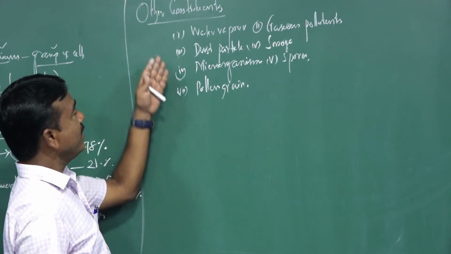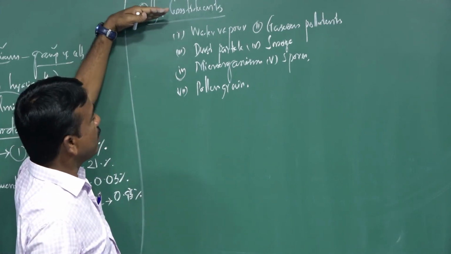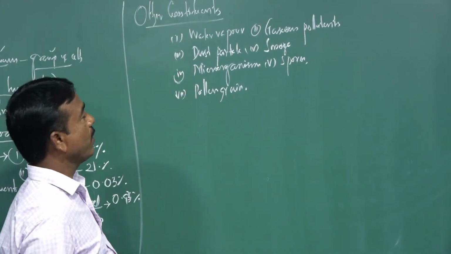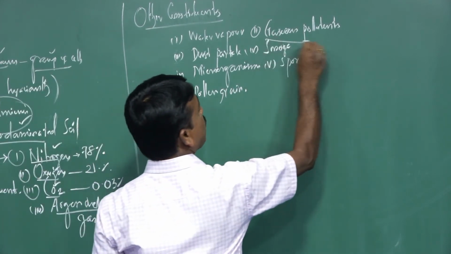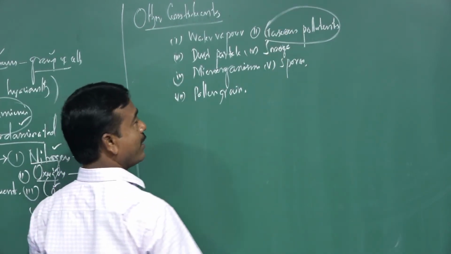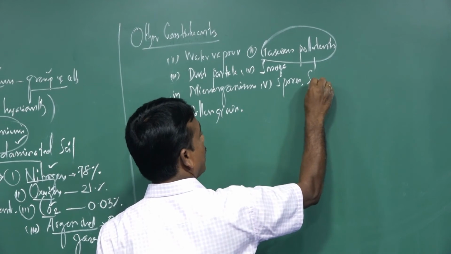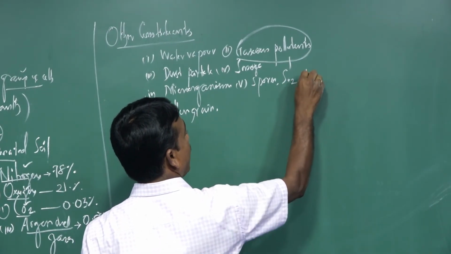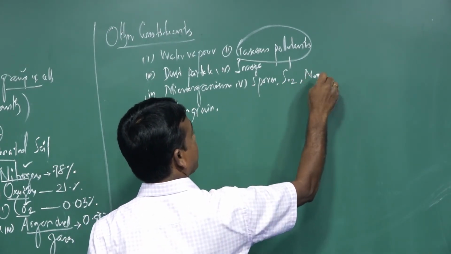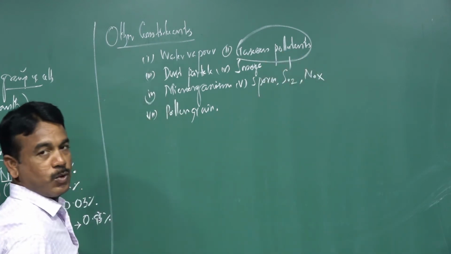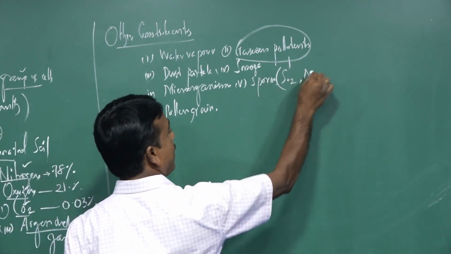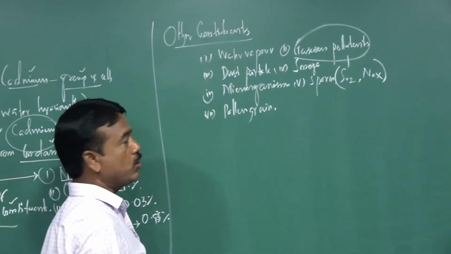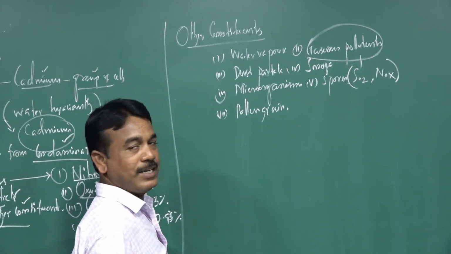Those are considered the other constituents of the air. What are the gaseous pollutants that occur in the environment? They are commonly called sulfur dioxide and nitrous oxides. Those are commonly called gaseous pollutants.